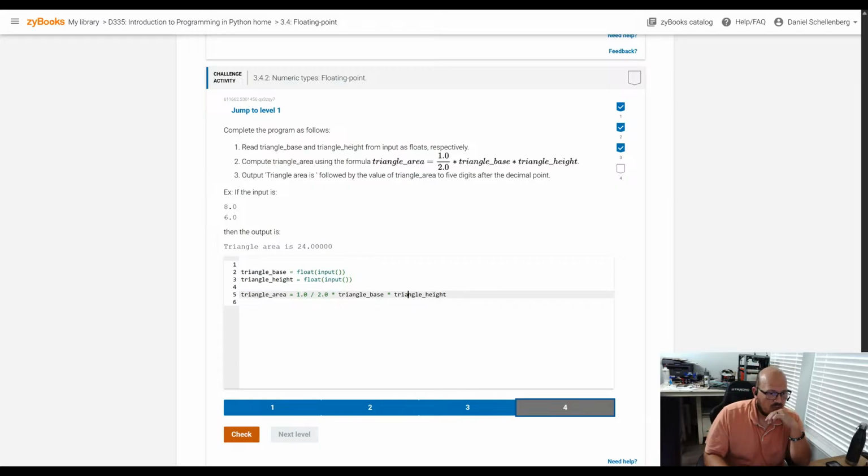Now with this one, following order of operations, it should calculate these two and then multiply that answer times triangle base, and then that answer times triangle height.